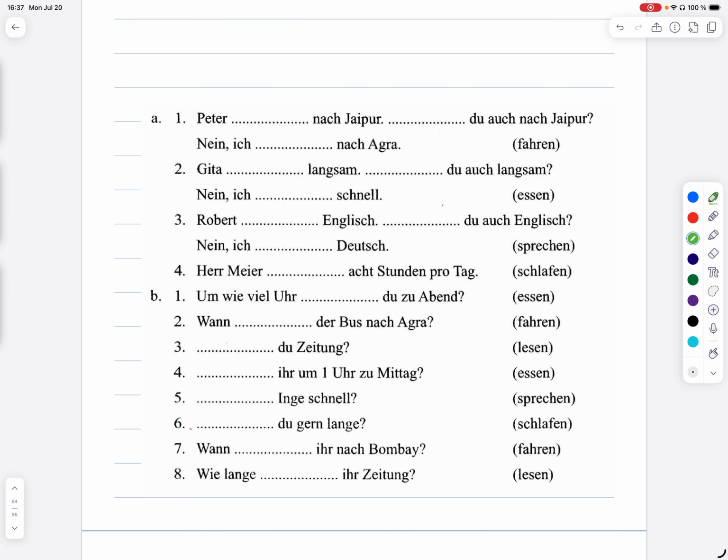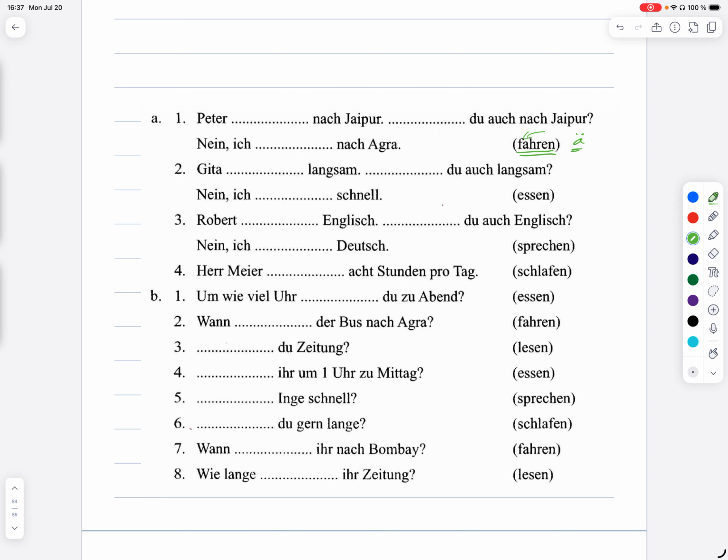So for example, we have: Peter nach Jaipur, du auch nach Jaipur? Nein, ich nach Agra. So we will conjugate the verb fahren. If you can see, we have a, so a has to go to a umlaut, right?